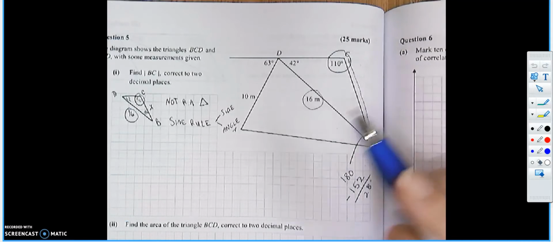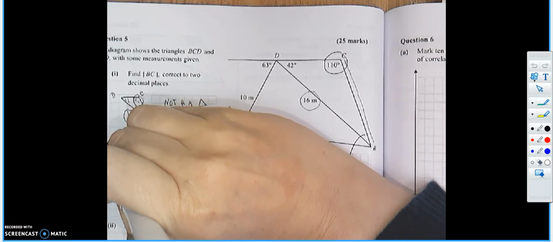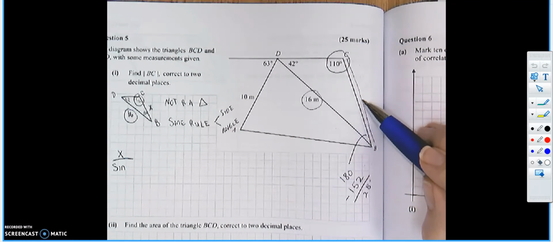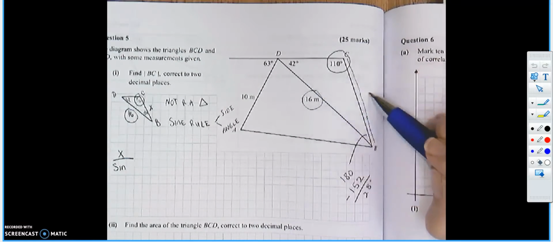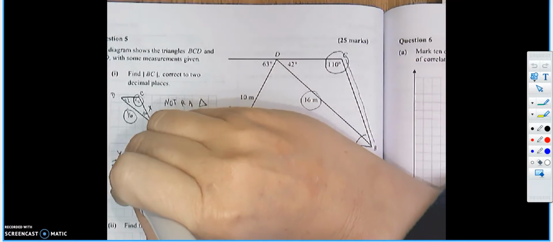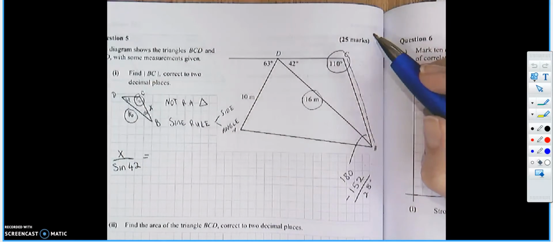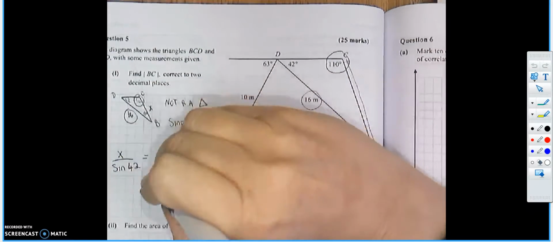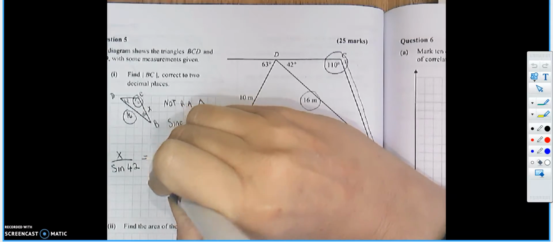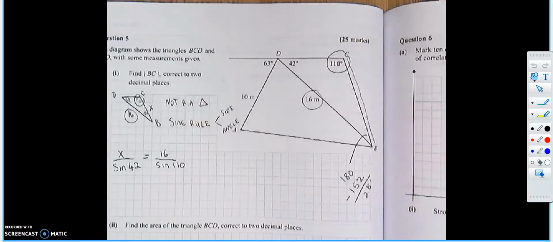Because I'm looking for a length, I put my length on top. So I go x over the sine of its opposite angle. The angle across from this side, the angle not touching this side in this triangle, is 42 degrees. So we go x over sine 42 equals the side we know, which is 16, over the sine of its opposite angle, the angle not touching it.